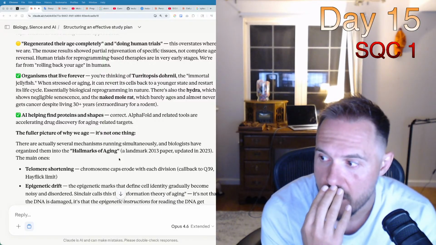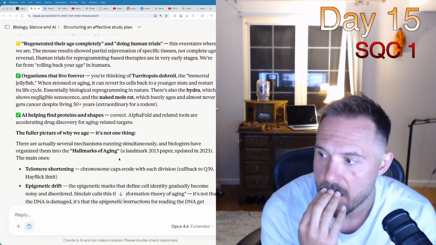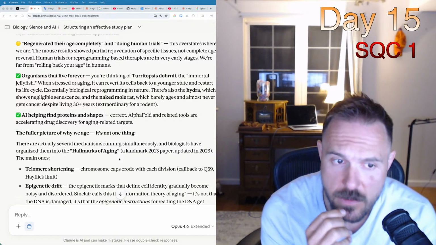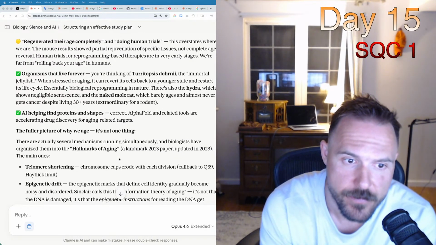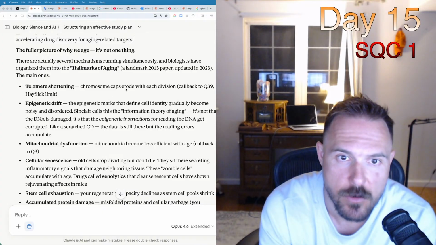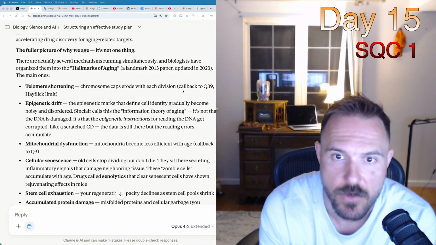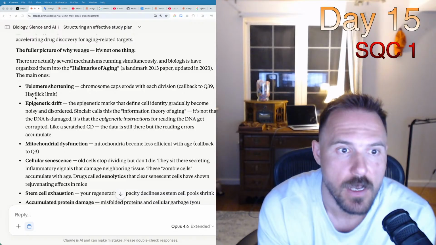An example would be the shoelaces. Chromosome caps erode with each division. Call back to question number 3. Hayflick limit.